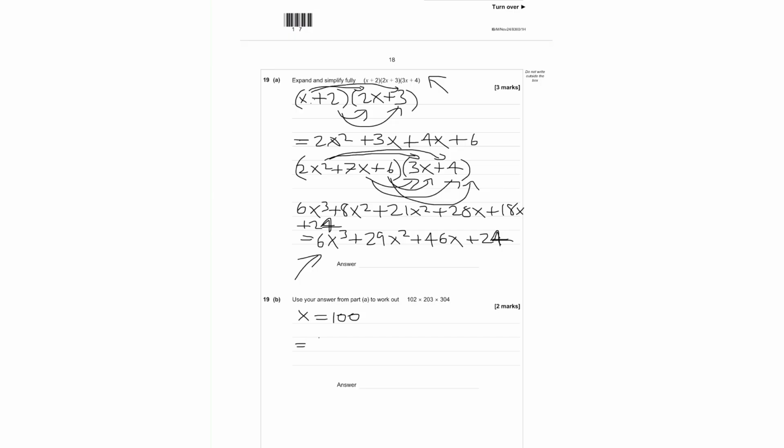So this would be equal to 6 times 100 cubed plus 29 times 100 squared plus 46 times 100 plus 24.